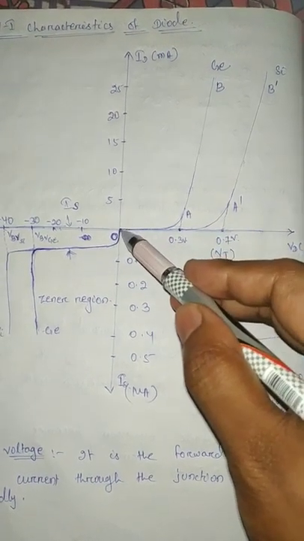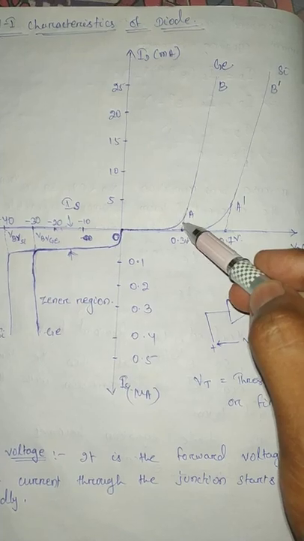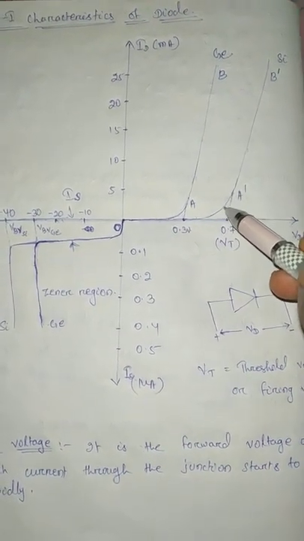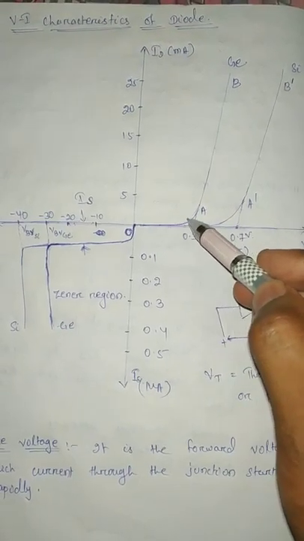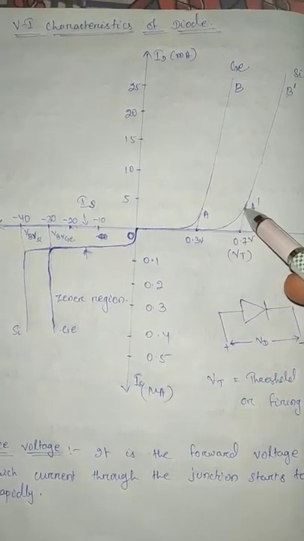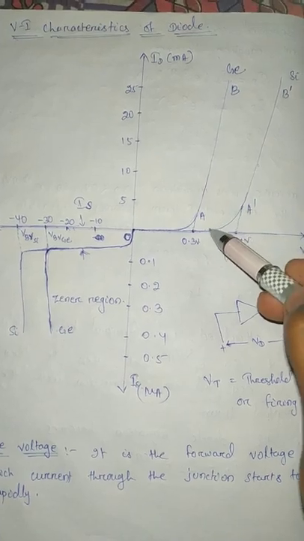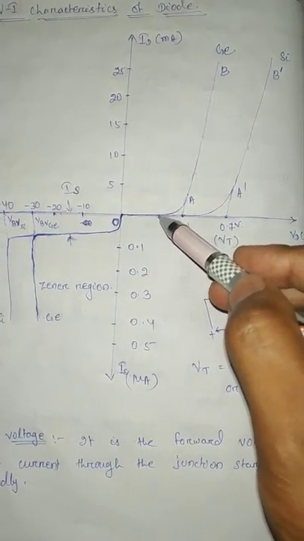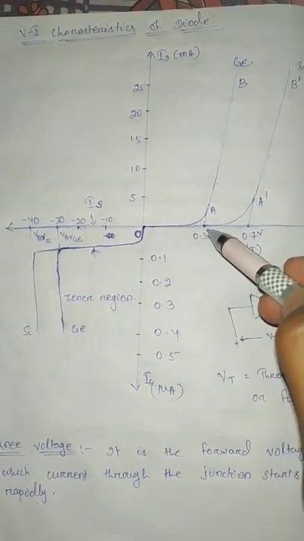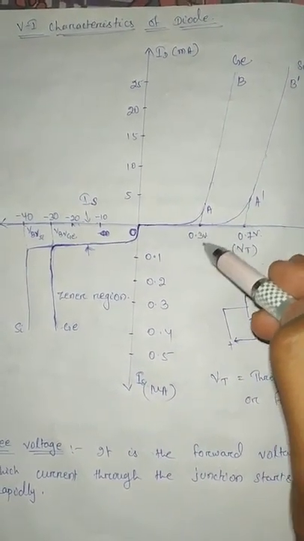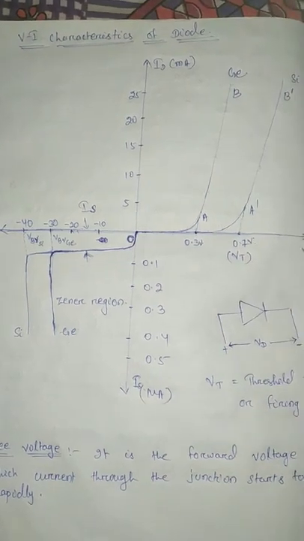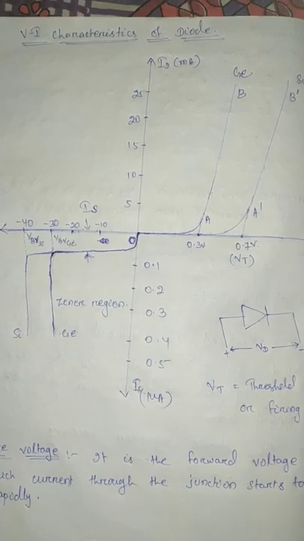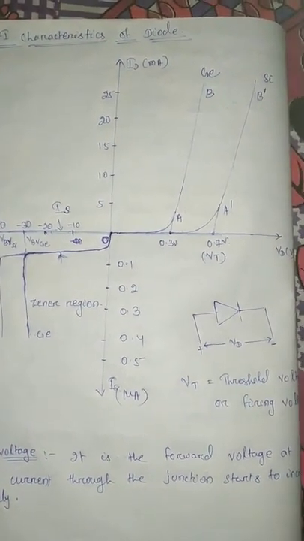As you see, when the forward voltage is less than 0.3 volt for germanium type diode and less than 0.7 volt for silicon type diode, the current is very less, almost 0, that is neglected. We can neglect this because when the forward voltage is less than 0.3 volt, the applied voltage is used in overcoming the potential barrier.